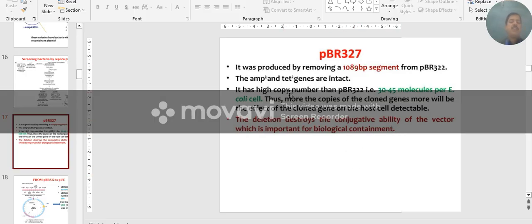The ampicillin and tetracycline gene regions have been kept intact, and in comparison with pBR322, this has a higher copy number, 30 to 45 molecules per E. coli cell. Thus, the more copies of the cloned genes, the more detectable the effect of the cloned gene on the host cell. The deletion destroys the conjugative ability of the vector, which is important for biological containment.